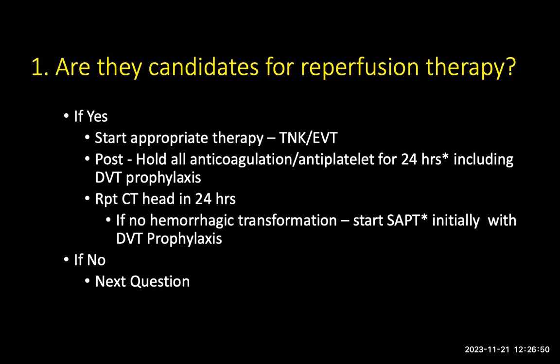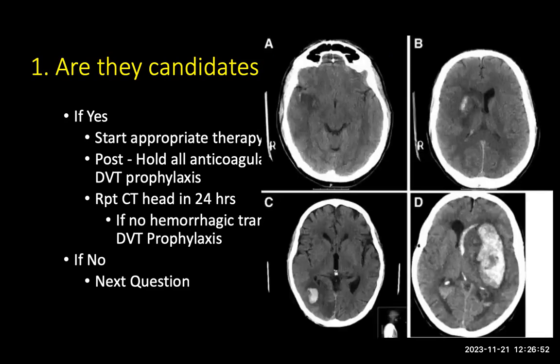is no hemorrhagic transformation. To look at hemorrhagic transformation, we use what we call the Heidelberg classification. We have hemorrhagic infarct type 1 or HI1, which is basically tiny petechial hemorrhages in the area of the stroke. Or you have HI2, hemorrhagic infarct type 2, which is more confluent petechiae in the area of the infarct.